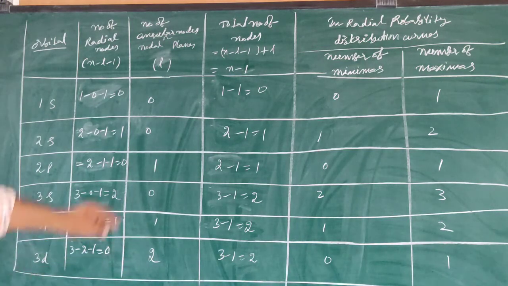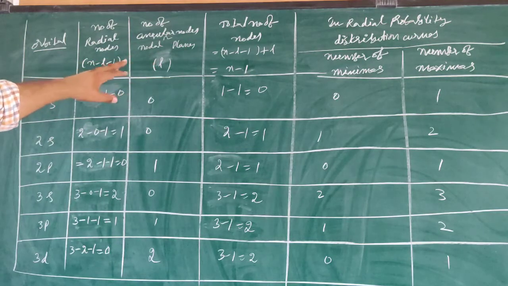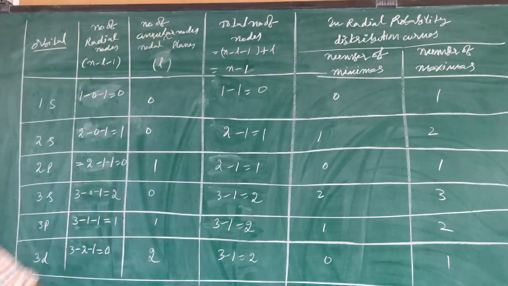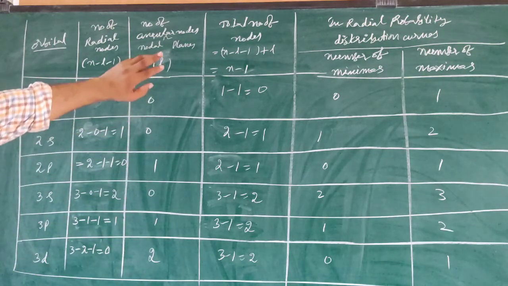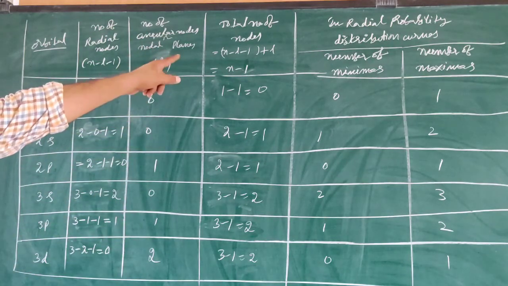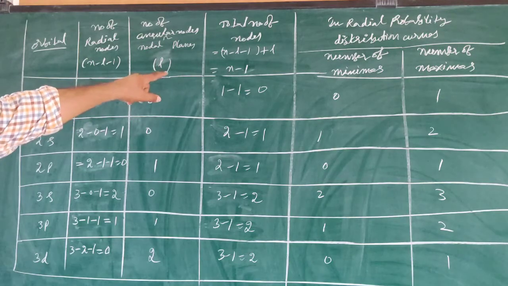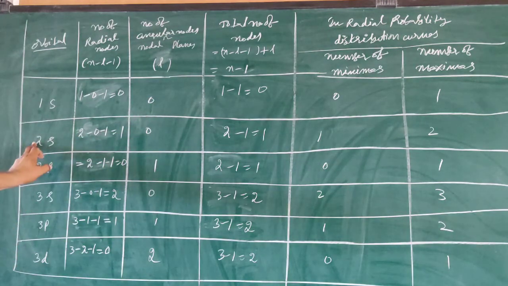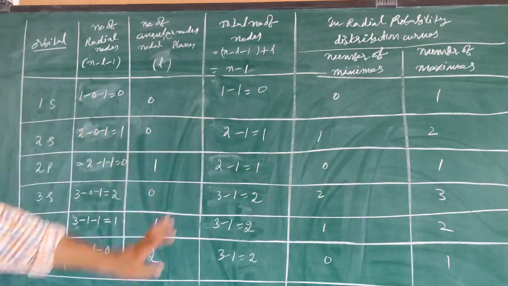Next one, total number of nodes is equal to sum of radial nodes plus sum of angular nodes. So after adding both of them, minus l plus l will cancel together, we get n minus 1. So here n is equal to 1, so 1 minus 1 is equal to 0. Here n is equal to 2, so 2 minus 1, that is equal to 1.